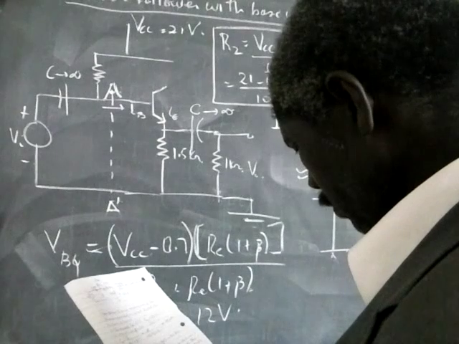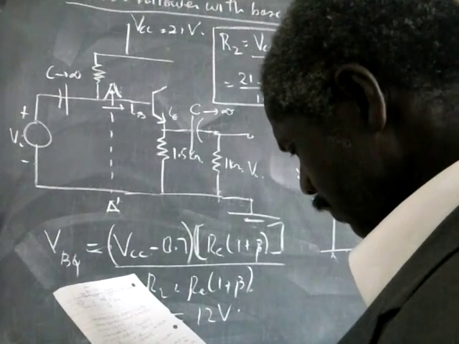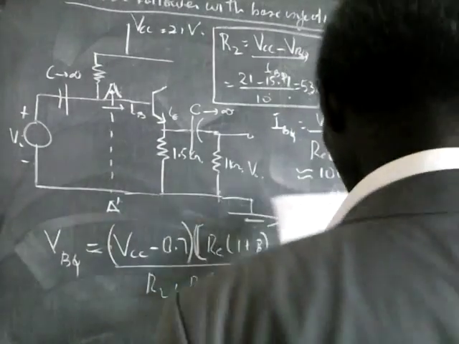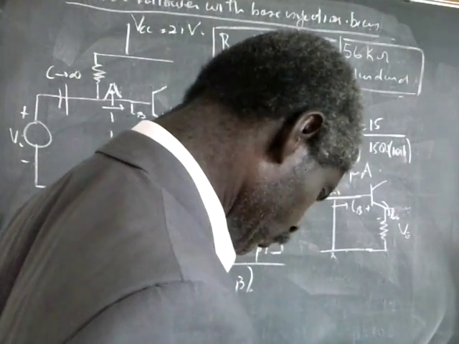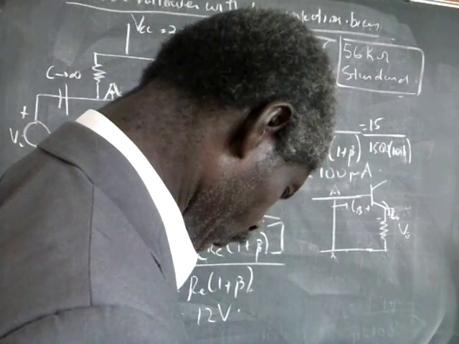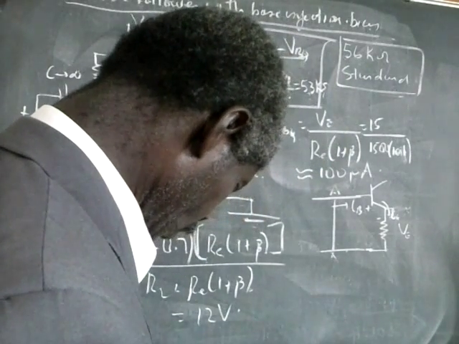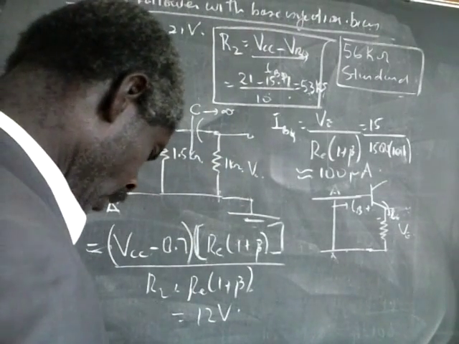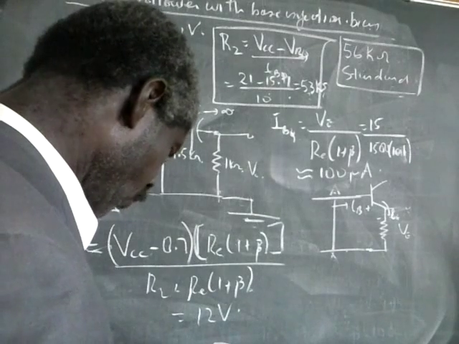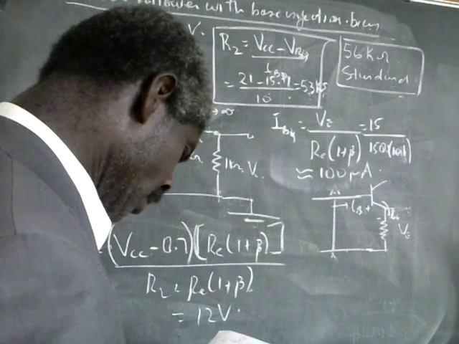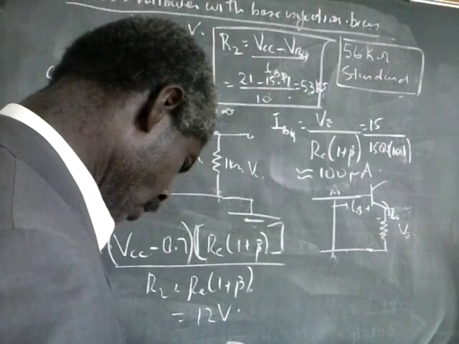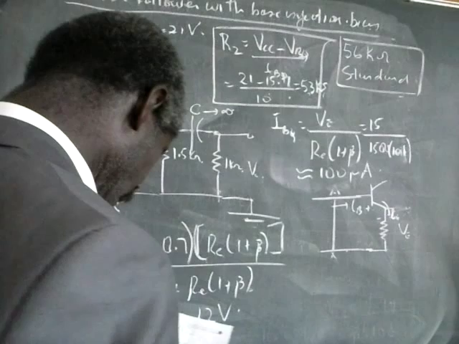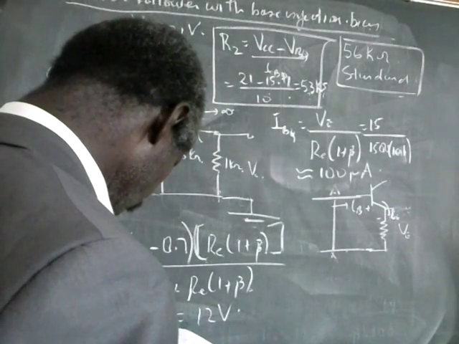So instead of 15 volts, the maximum peak to peak symmetrical swing under this condition will be reduced accordingly. The maximum symmetrical peak swing is reduced to 12 volts according to this calculation, and it is reduced accordingly.